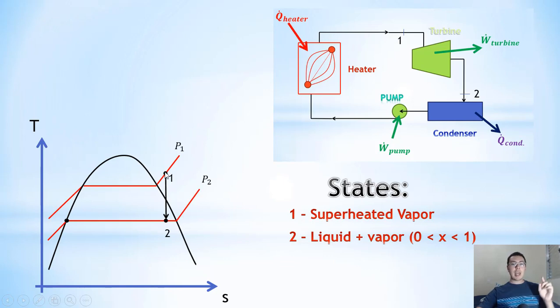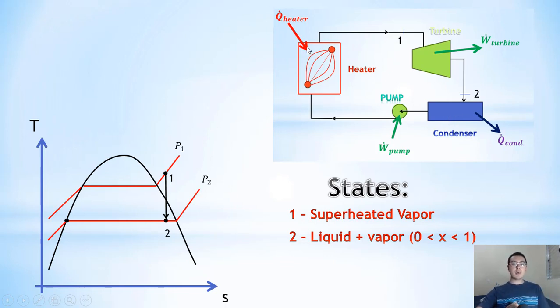As you can see here, between the points 1 and 2, this line is completely vertical. And that is because we consider that this process between 1 and 2 is isoentropic, because the entropy here at the point 1 is the same entropy here at the point 2. And this is because we consider that this process is reversible. And we won't have heat losses here, as we have here at the condenser and at the heater.